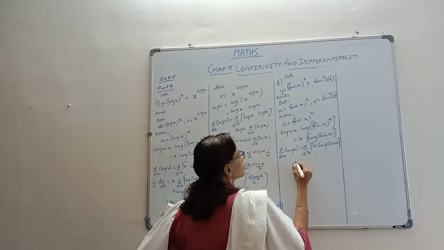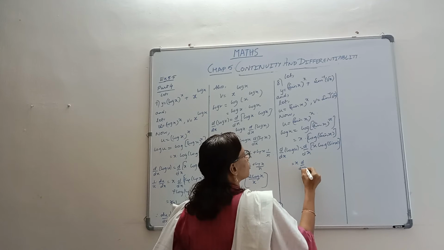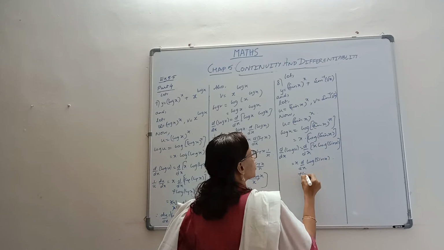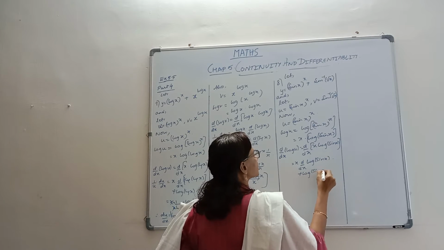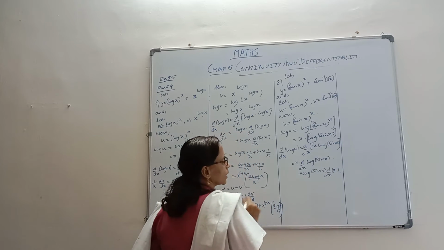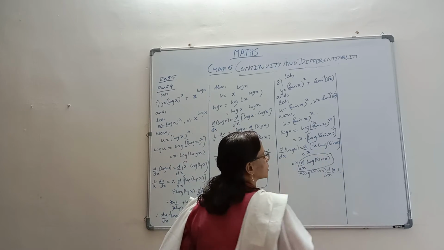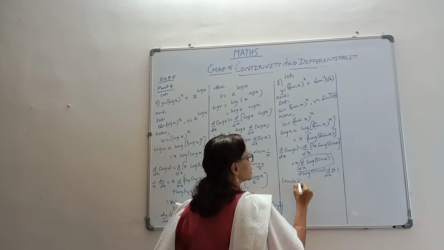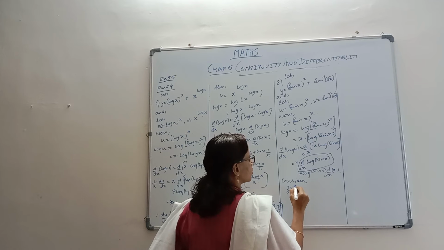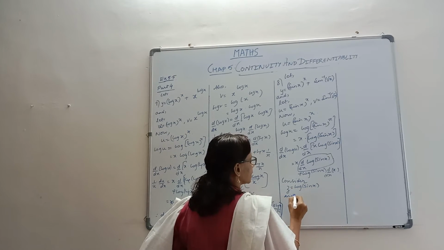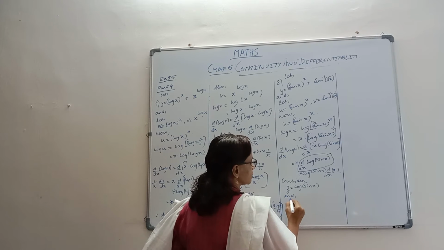So product, so it will be x times the derivative of log sin x, and log sin x as it is times the derivative of x. Okay, now this is not so easy, right? So we will just consider that and take the derivative. Consider z to be equal to log sin x, and in this case let's consider some r or w.